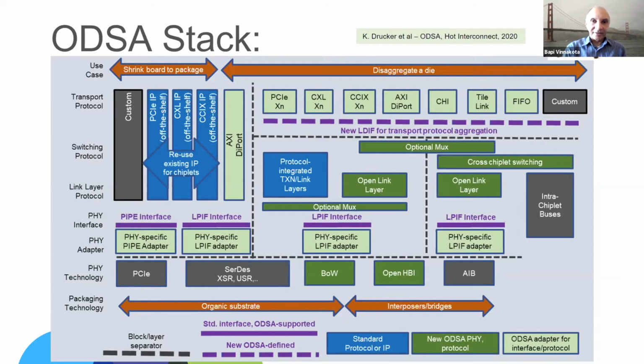And the idea here is that as you go from left to right in the stack, I won't go down the rabbit hole of walking through the stack in detail, but the basic intent of the stack is for us to take an existing off-the-shelf PCIe controller from a company that sells PCIe IP, like Synopsys or Cadence, and use it for die-to-die PHY applications as is with no changes.